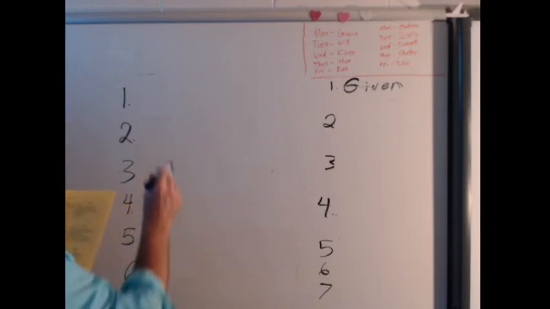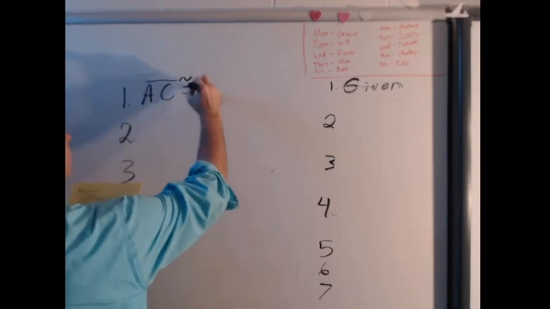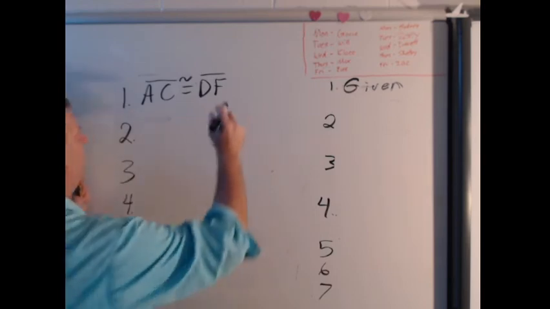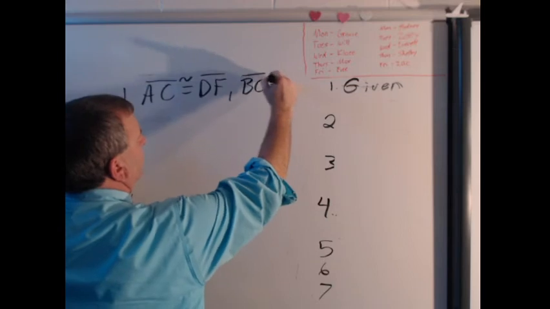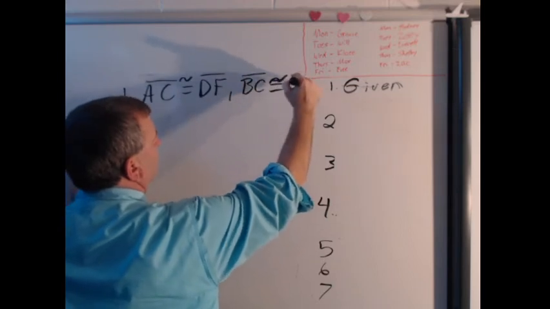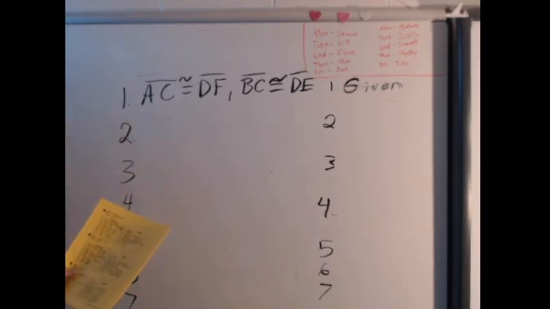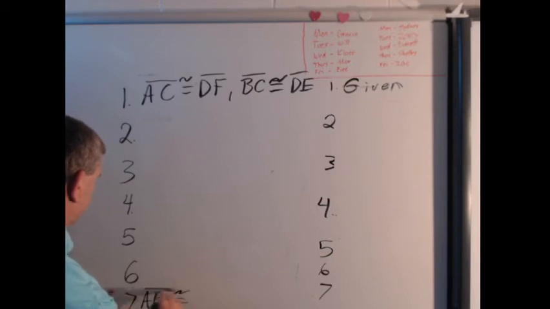All right, so 1, I have AC is congruent to DF. And I have BC is congruent to DE. Given. All right, and so at the very end, I have to prove that AB is congruent to EF.